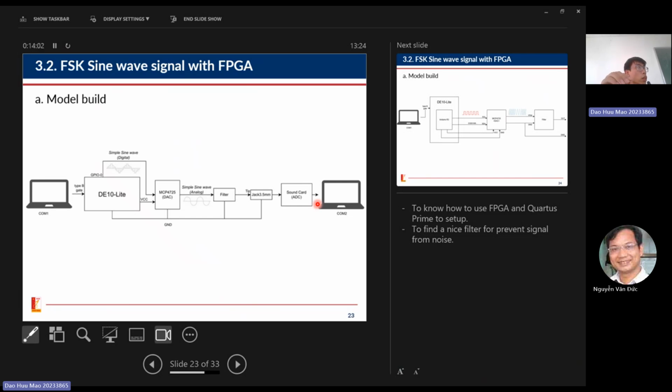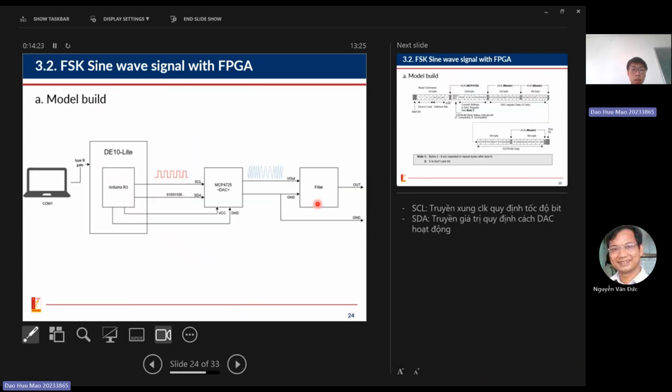It transmits and receives signals through two inputs called SCL and SDA. On some devices they are also called SCK and SDA. So we propose a new model like that.